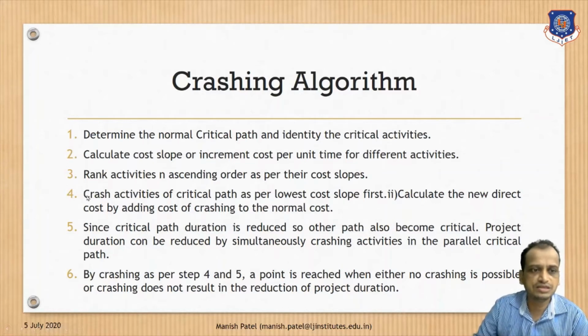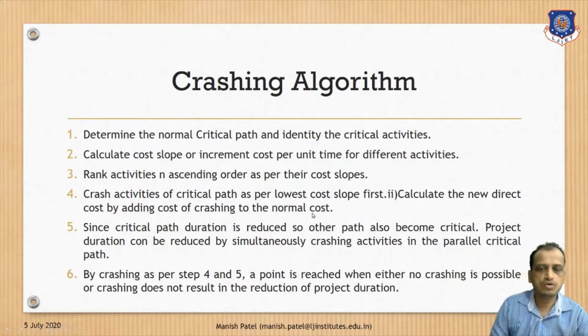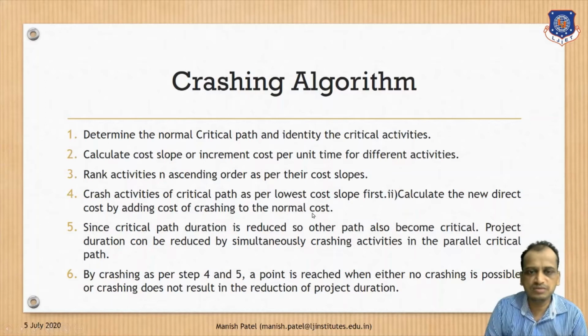In the fourth step, it is written that you are going to crash those activities with the lowest cost, and then you find the direct cost by adding the cost of crashing to the normal cost. Normal cost will already be there, but by reducing the duration, you are adding those costs to the project. Clear?